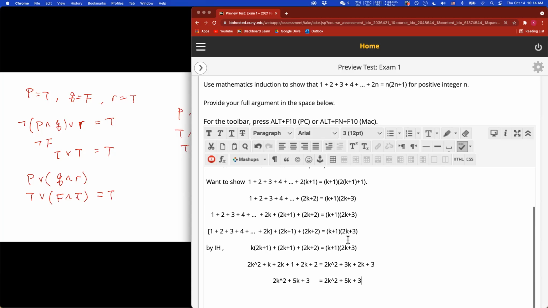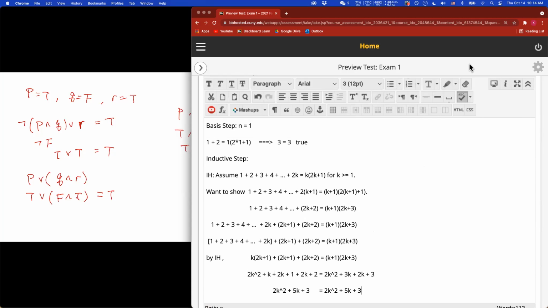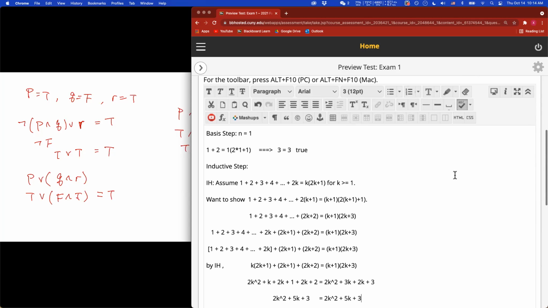So you show that the left-hand side equals the right-hand side. Any questions here?